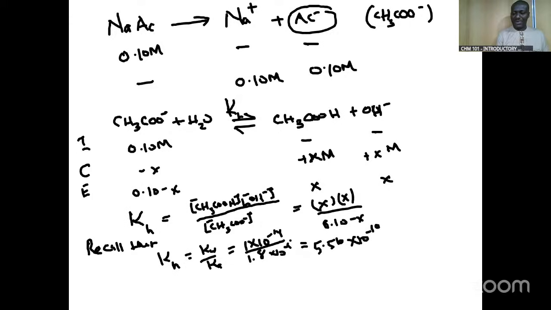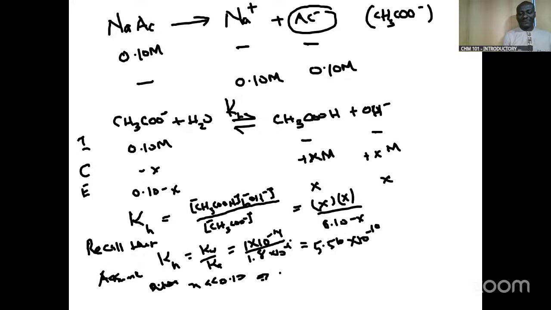Okay, it's apparent here that the value of the equilibrium constant is extremely small. So that would make our assumption justifiable. So we assume that x is far less than 0.10.